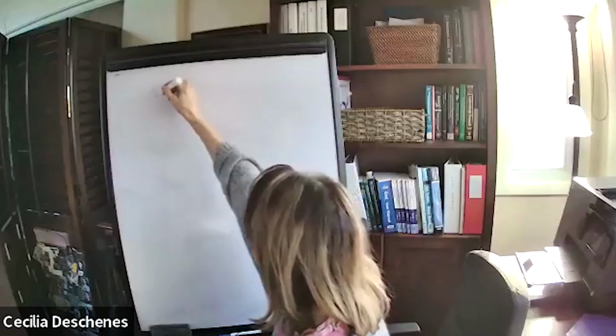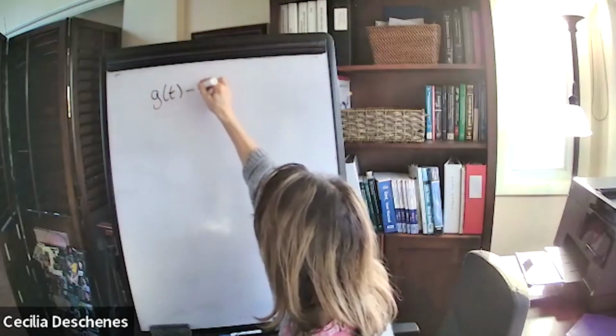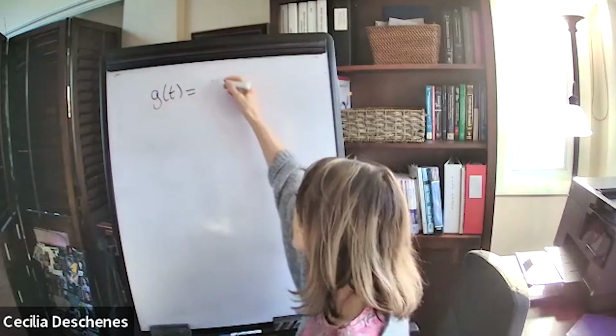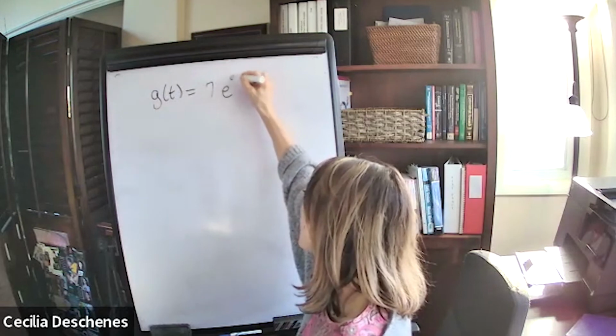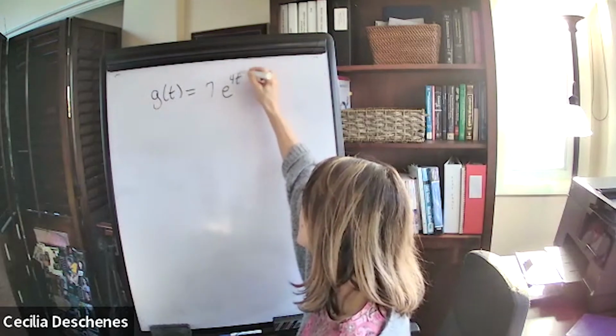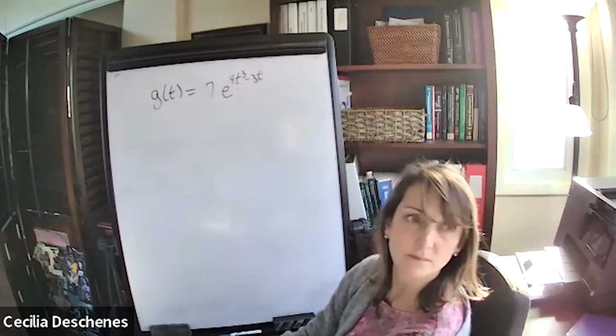How about, I'm going to come up with one. g of t equals, I don't know, 7e to the 4t cubed minus 3t, something like that. Looks good to me.